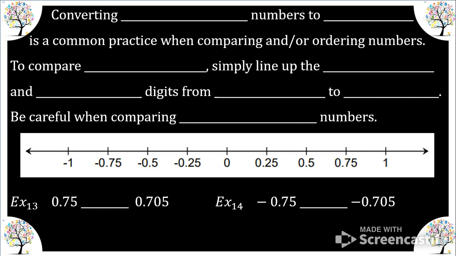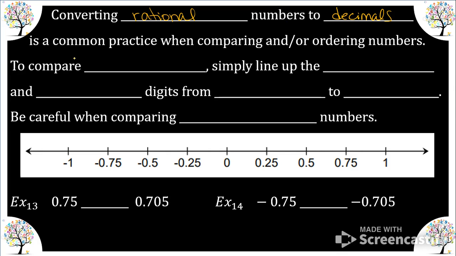So when we are going to compare rational numbers, converting the rational numbers into decimals is a common practice. If we have fractions, because decimals are rational numbers too, but if we start out as a fraction and we want to convert them to a decimal, it's easy to compare.